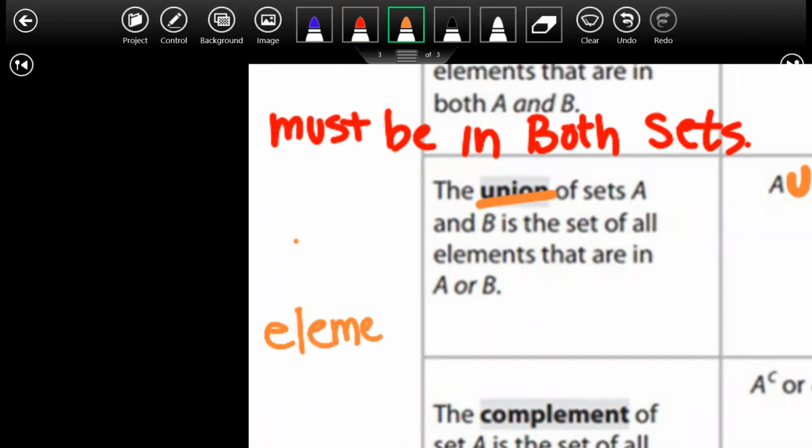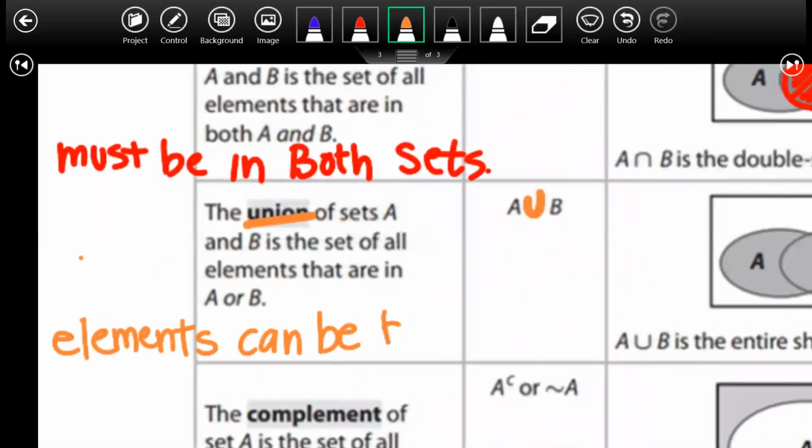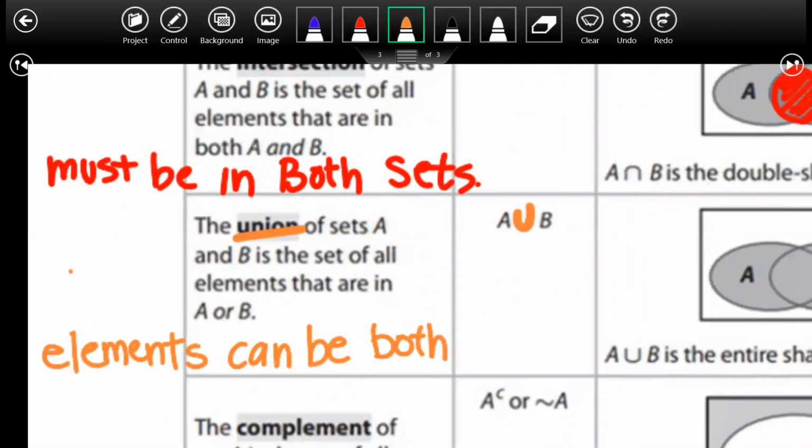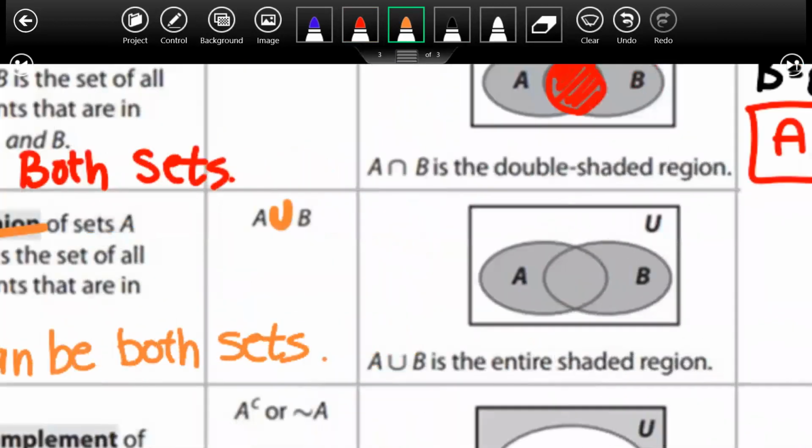Elements can be both, either or. Either or. They can be both.